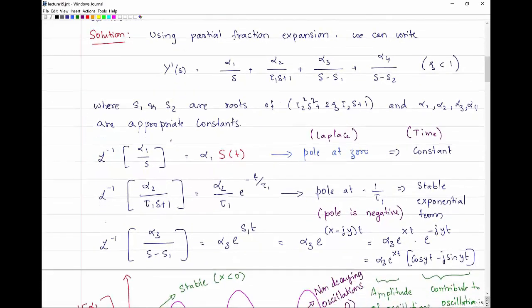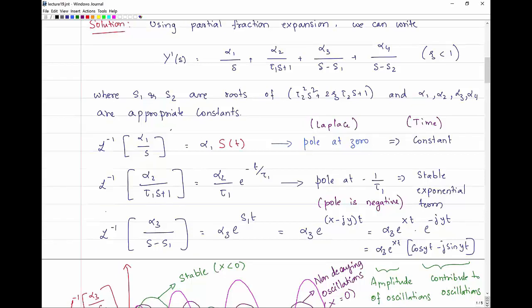Now moving on to the third term, which is alpha 3 over s minus s1, its inverse Laplace transform is again going to be an exponential term, but with a difference. Given that zeta is less than 1, s1 and s2 are going to be complex numbers.